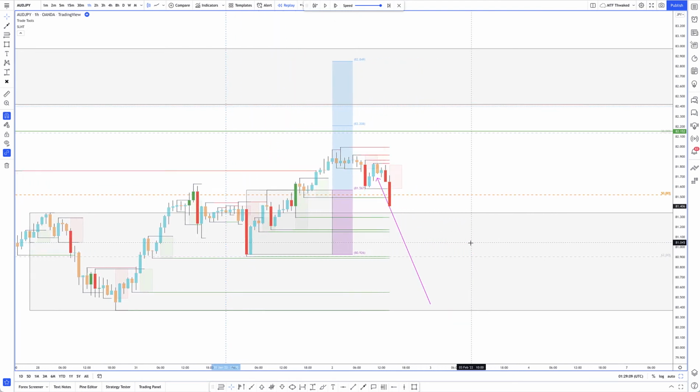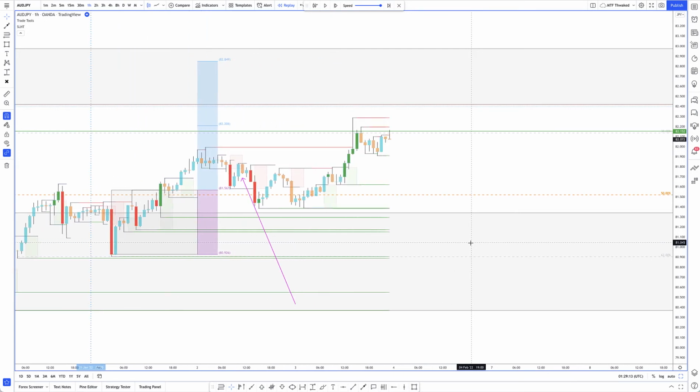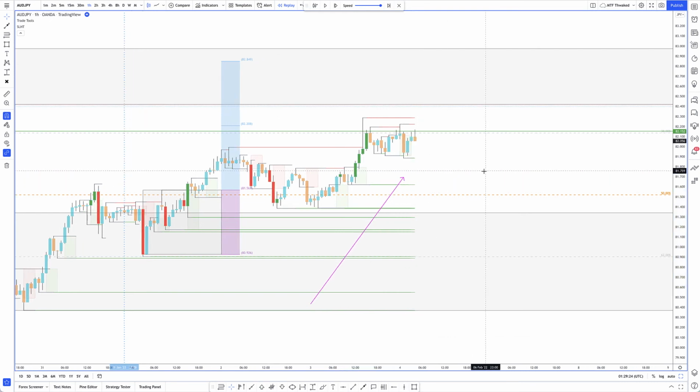So this is where our first target was hit over here. You can see we have taken a partial here, and now we're waiting for price to expand further.